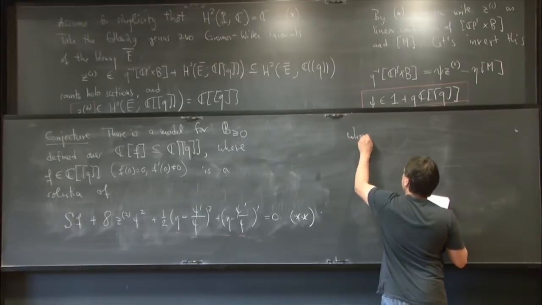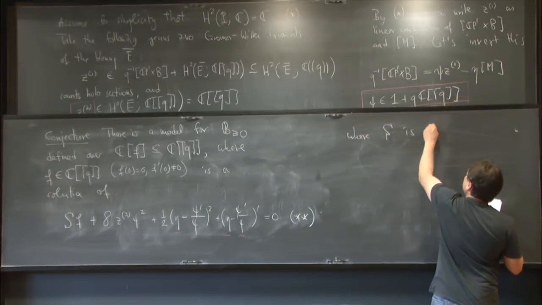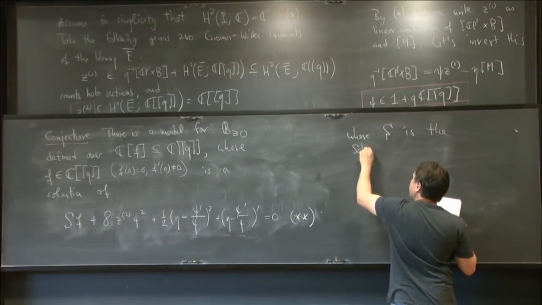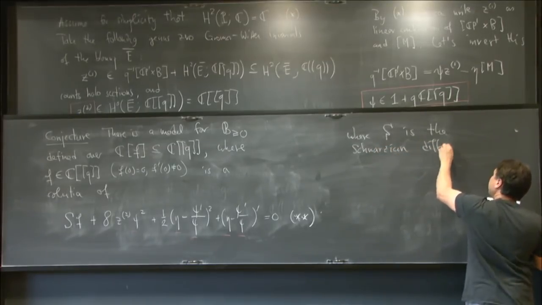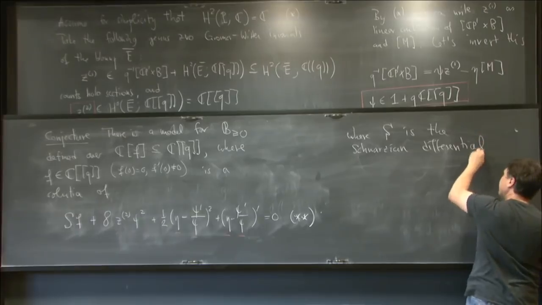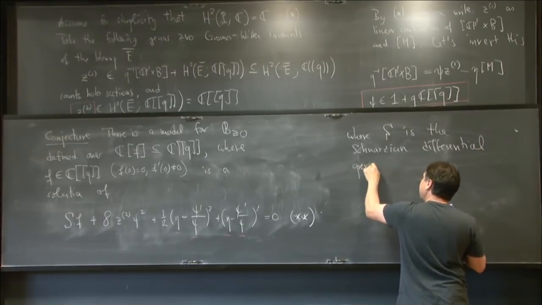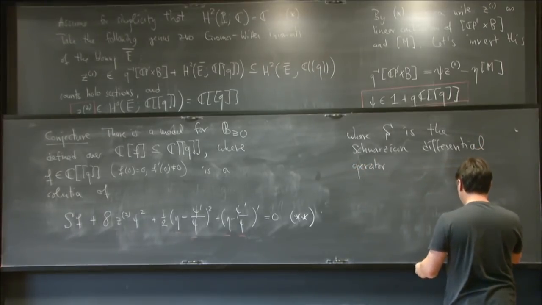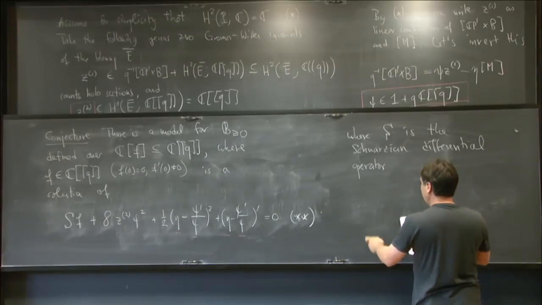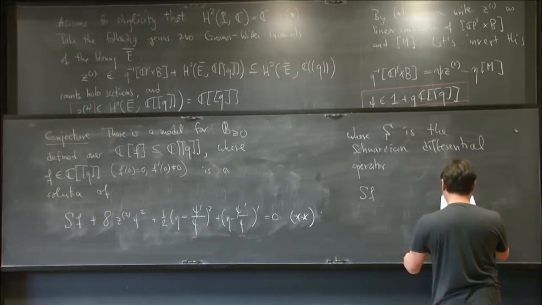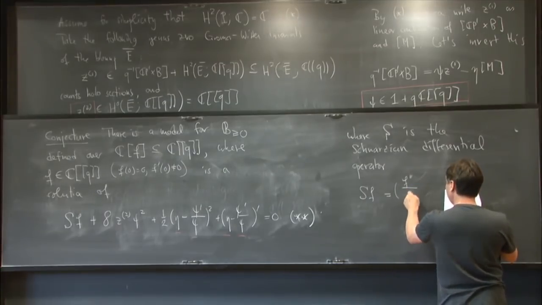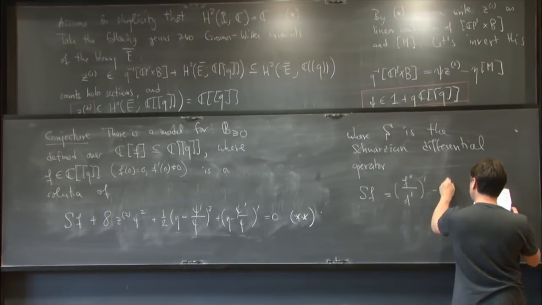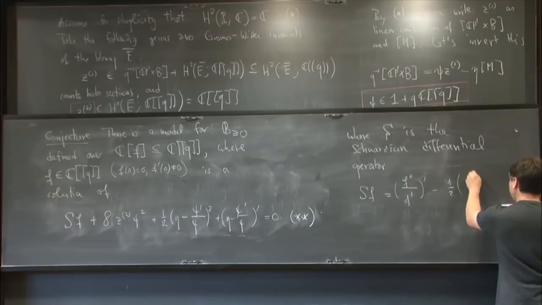Where S is the Schwarzian differential operator. S(F) equals F triple prime over F prime, minus a half times F double prime over F prime, squared.